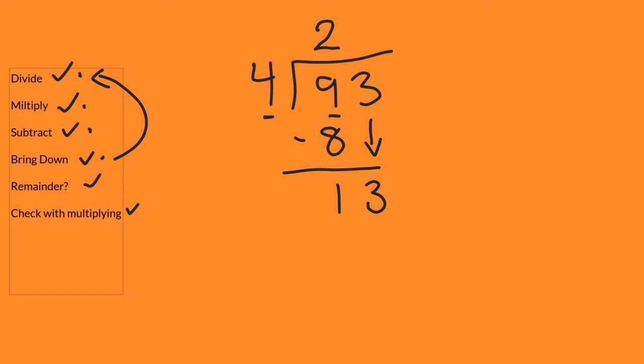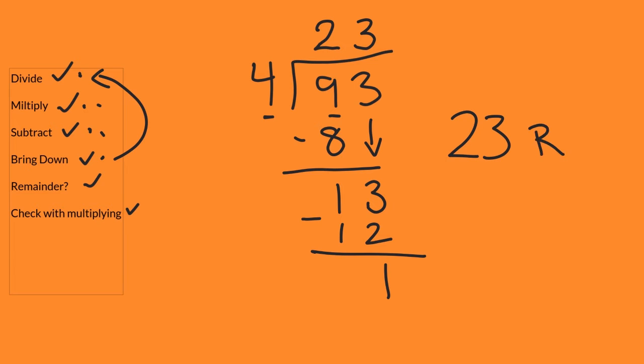The answer is 3. Because 3 times 4, now we're doing multiply. 3 times 4 is 12. Now we do subtract, which is 1. We don't have to bring anything down. 4 can't go into 1, so the answer is 23, remainder 1.